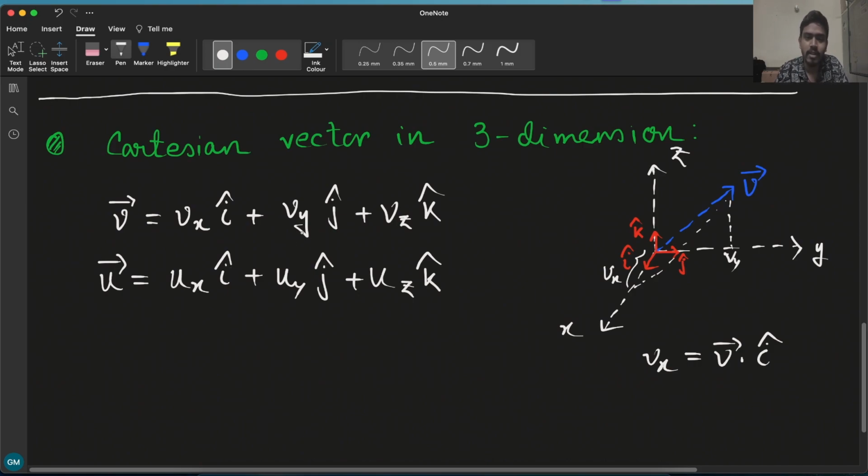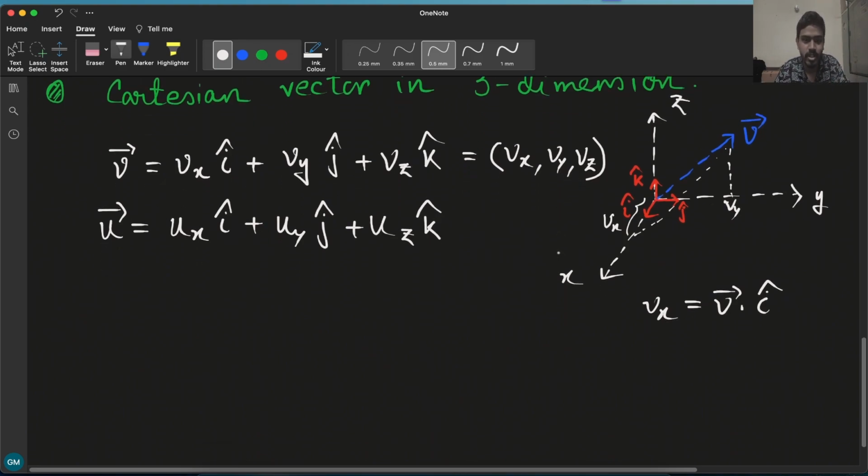So if the basis vectors are fixed, I can write this vector as Vx, Vy, Vz, with the components separated by commas. It means the component on the x axis is Vx, the component on the y axis is Vy, and the component on the z axis is Vz, right?